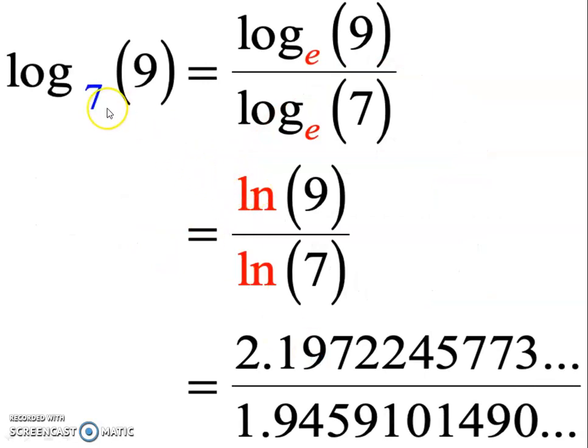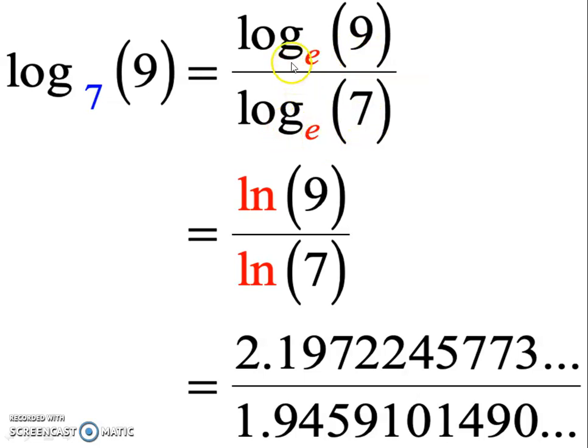We take a simple example to evaluate the value of, suppose, log 9 to the base 7. So I take e as the base. So log 9 to the base e upon log 7 to the base e.